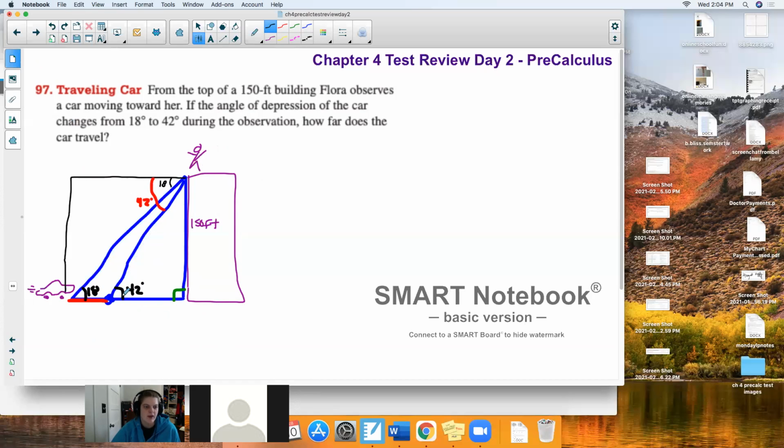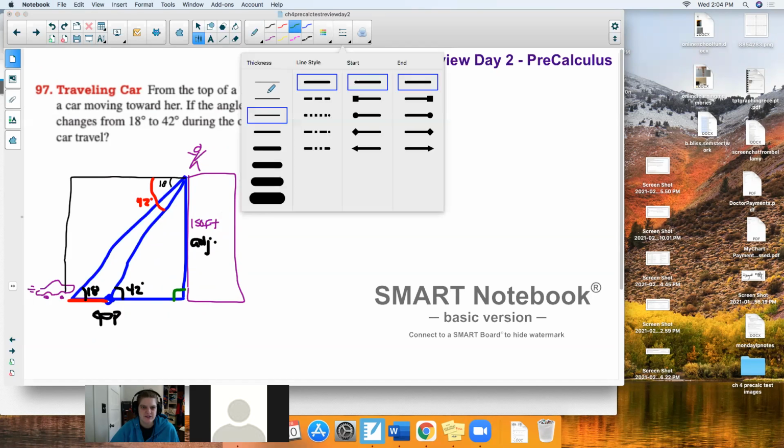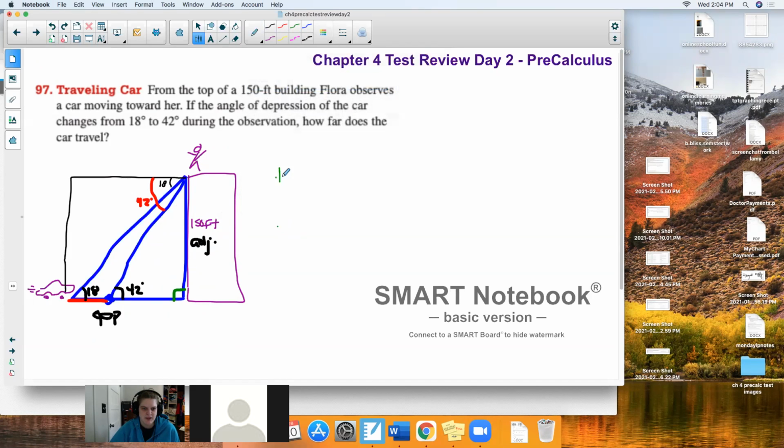Okay. So now I'm going to find the length of this opposite side when it's 18 and then also when it's 42 and subtract them. And this is the adjacent side. And as much as we love hypotenuse, it's not there. So opposite and adjacent means tangent, which means I'm going to solve when tangent of 18 equals opposite over adjacent.